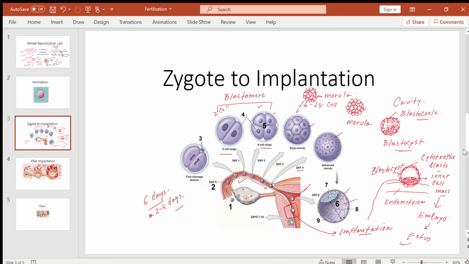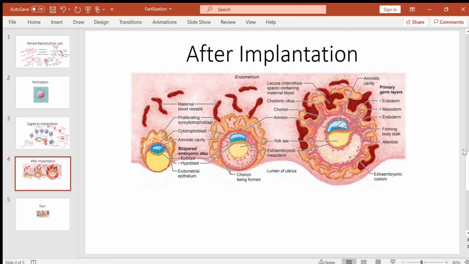So altogether, after fertilization, it takes about 8 to 10 days to get implanted. So from fertilization, which is day 1, to implantation, it takes about 8 to 10 days, okay. Now let's see what happens after that, okay.